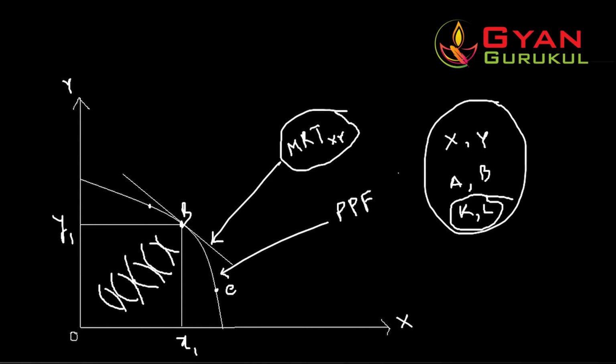Now what we have to do is draw a line like this, which is parallel, and check at what point that particular slope is achieved, where the indifference curves of both consumers are tangent to each other. Let me make it more simplified.